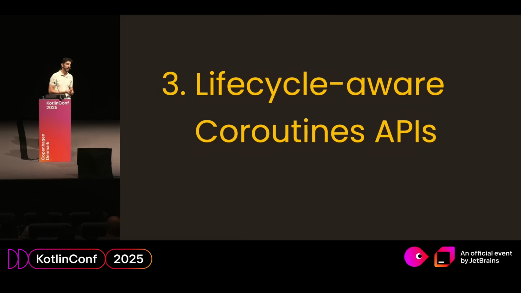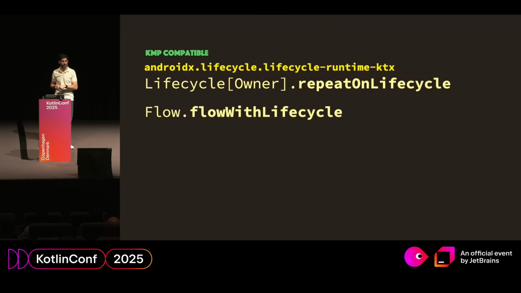But thankfully, at Google, we created the lifecycle-aware coroutines APIs, which are supposed to make the experience much more enjoyable for the developer. We're going to introduce different APIs here, part of the lifecycle-runtime-ktx artifact. We have repeatOnLifecycle, which is an extension function on both Lifecycle and LifecycleOwner.